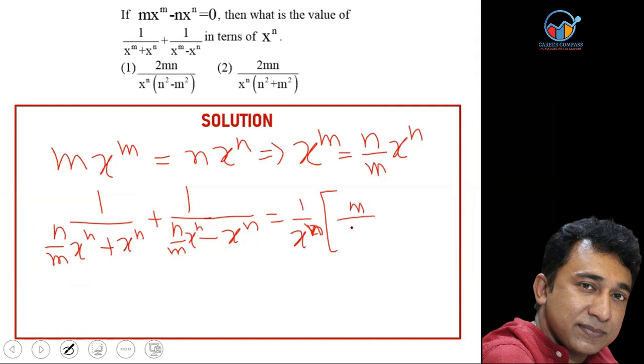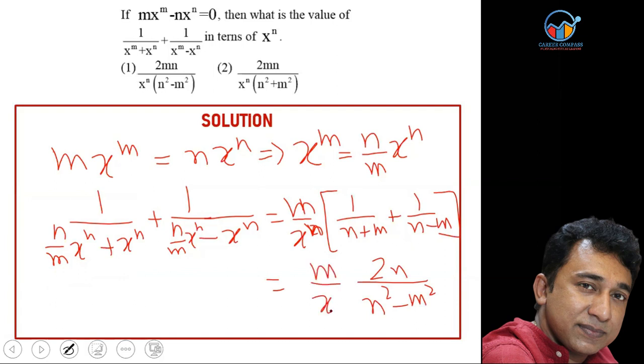So what you have is basically m divided by n plus m divided by n minus m, right? And after that, I am taking m common. So I will be left with 1 in the numerators. Now see, this part will be n square minus m square, and at the top you will have twice of n, and then outside you have m by x to the power n.